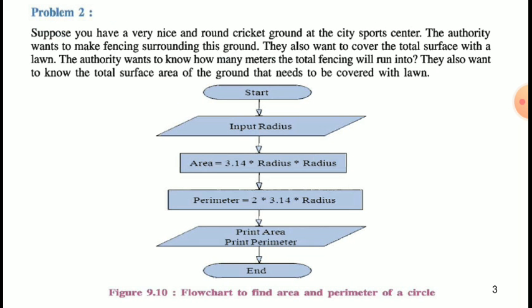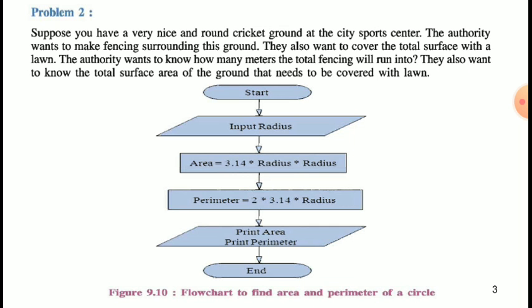Next problem. Suppose you have a very nice round cricket ground at the city sports center. The authority wants to make fencing surrounding this ground. They also want to cover the total surface with a lawn.